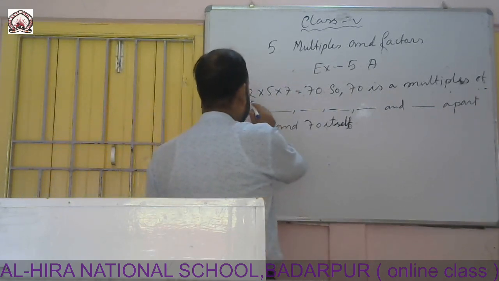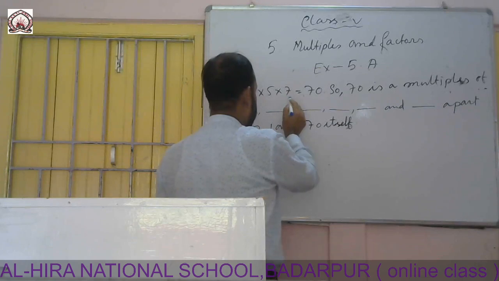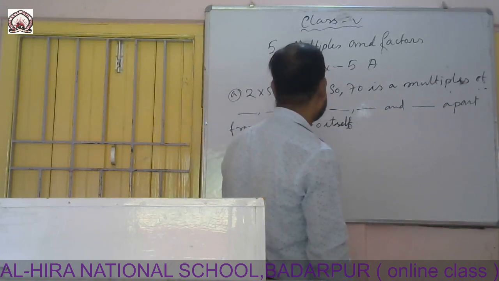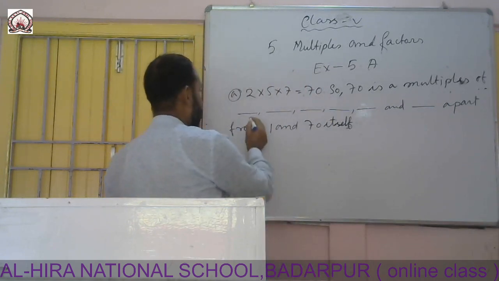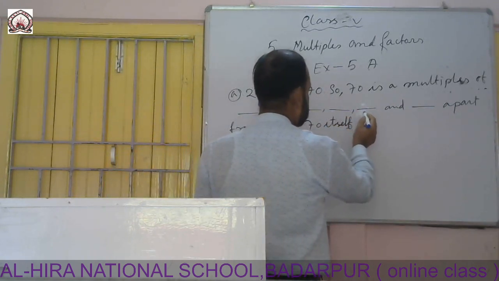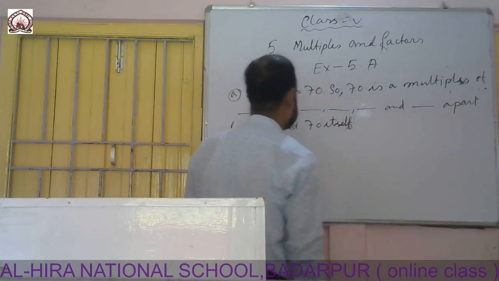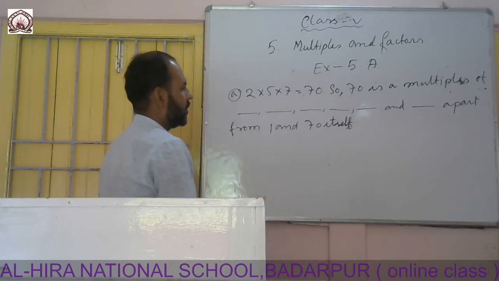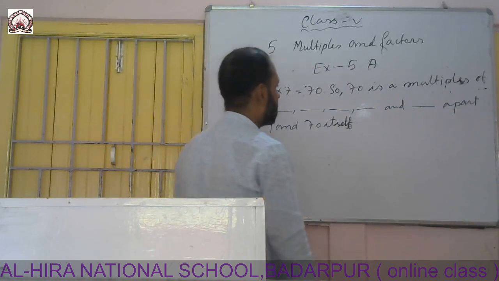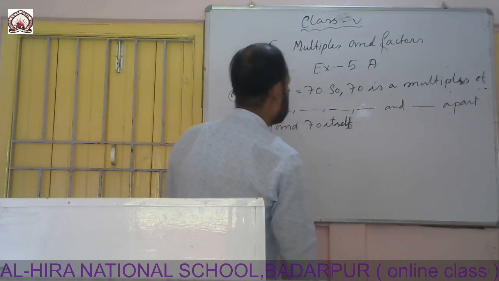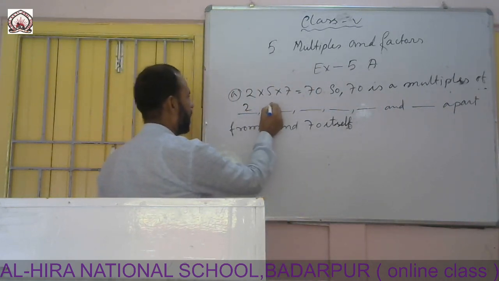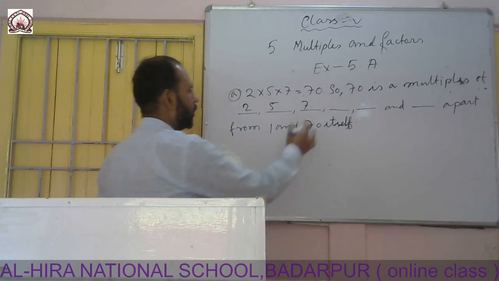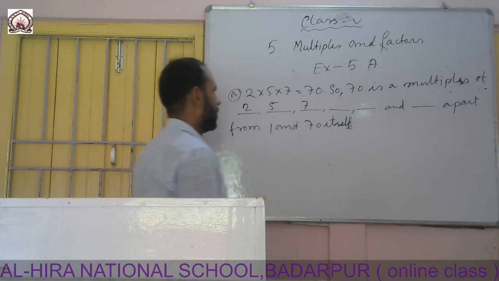Here 2 into 5 into 7 equal to 70. So 70 is a multiple of dash, dash and dash. So here we got 3 factors of 70. 2, 5, 7 are given, and 2 we have to take out.